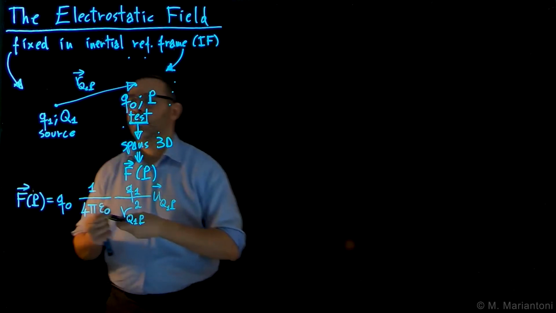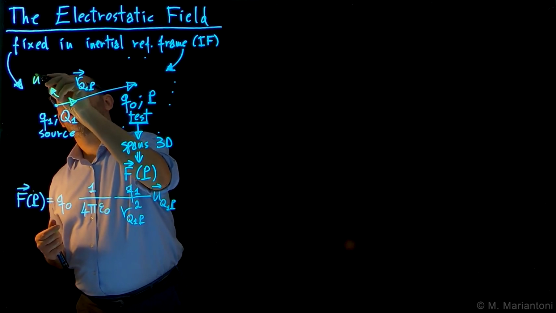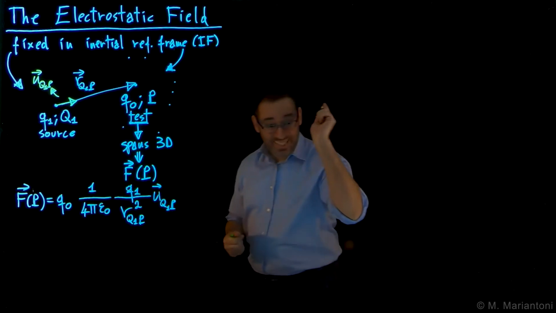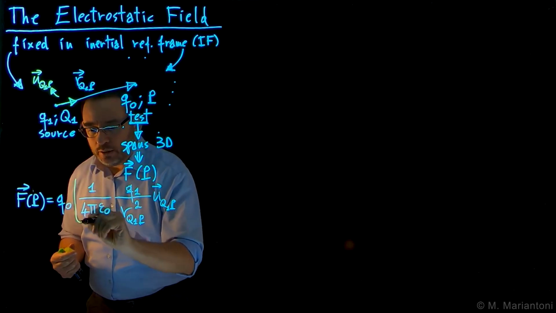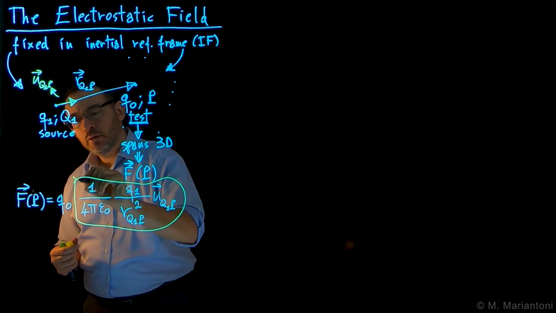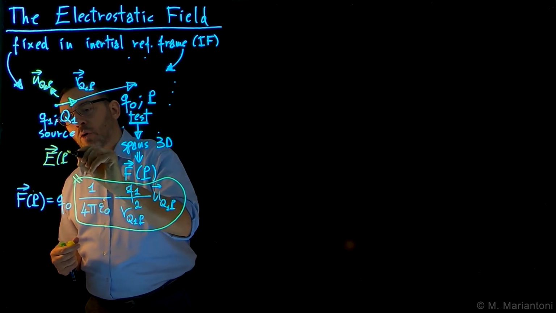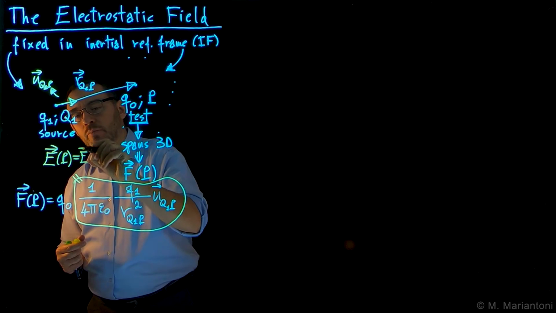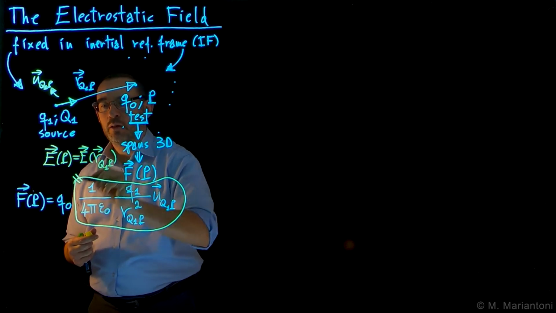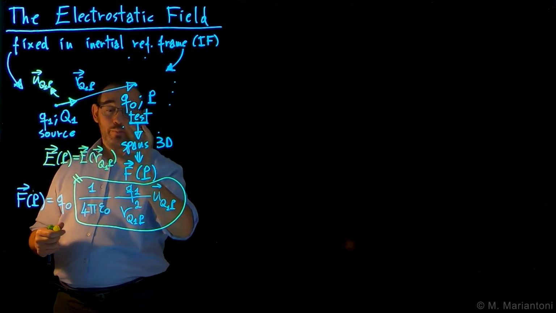Let's do this one in green, just to remind ourselves. This is the unit vector U Q1 P. What I'm about to highlight in yellow, this quantity here, is what, by definition, we call the electric field E at point P, or more mathematically, the electric field E at this location R Q1 P. The electrostatic field, to be precise, because nothing is moving at this point in time, is given by this quantity.